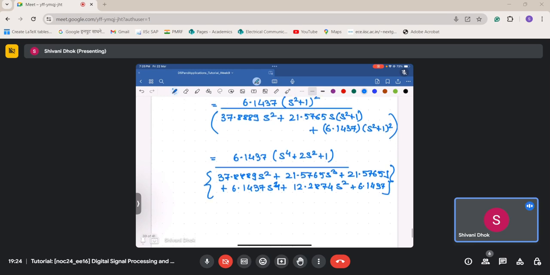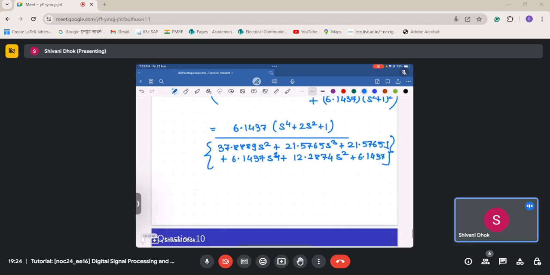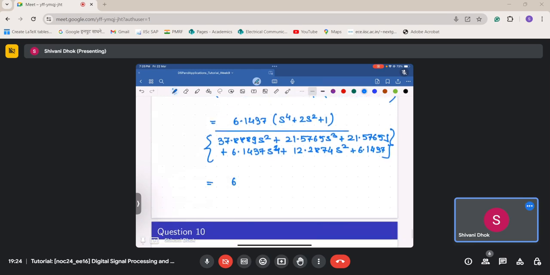Now if we combine, so we have here 6.1437 into S to the power 4 plus 2 S square plus 1 divided by, we have S to the power 4 term as 6.1437 S to the power 4 plus S cube terms are this one.